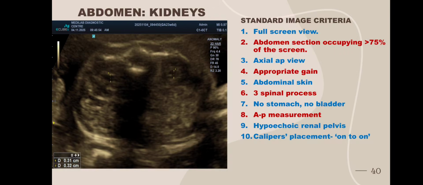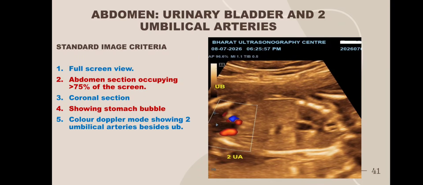Abdominal skin should be seen with 3 spinal processes. No stomach should be visualized. Hypoechoic renal pelvis. A caliper should be on to on. See both-sided renal pelvis. Urinary bladder and 2 umbilical arteries.